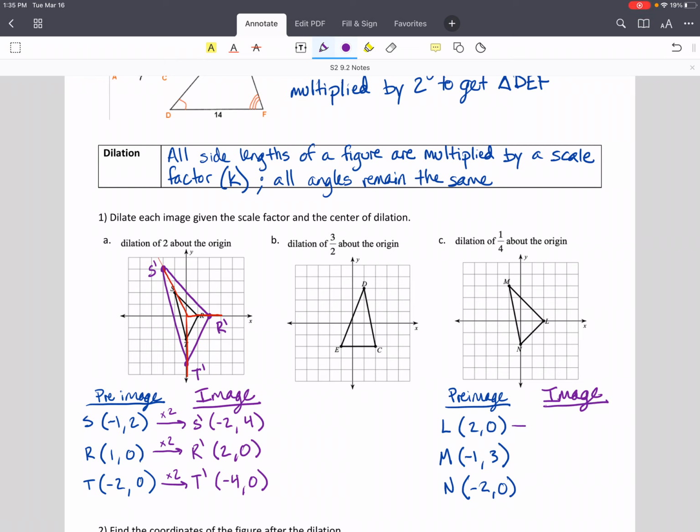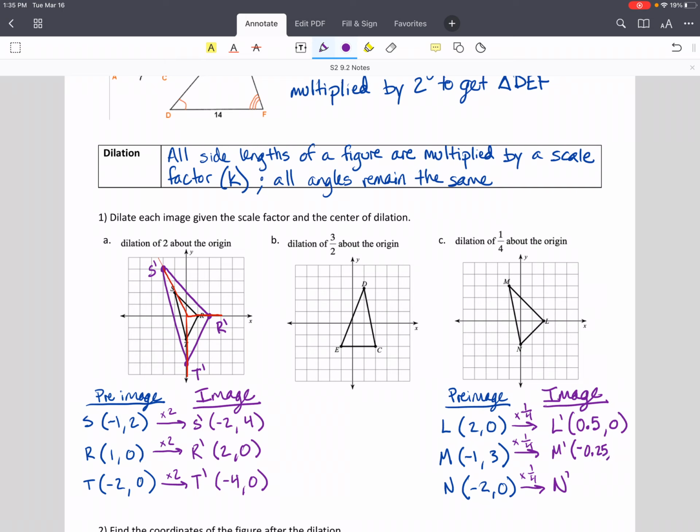We need to multiply everything by 1/4, aka multiply by the scale factor. So 2 times 1/4, and I can do that in my calculator. I should get 1/2, or I'm just going to put it as 0.5. Negative 1 times 1/4 is negative 1/4, which I'm going to put as negative 0.25.